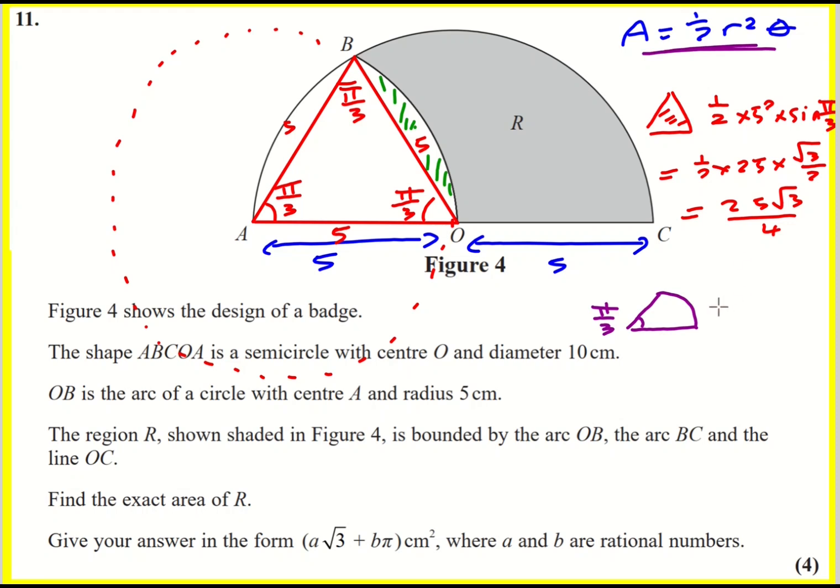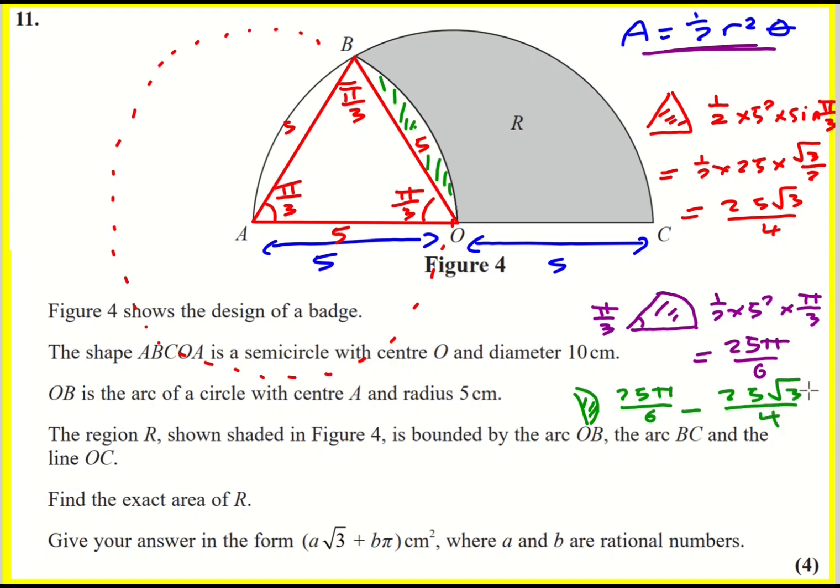So if I use this formula up here, then for the area I'm going to get a half times 5 squared times pi over 3, which is going to become 25 pi over 6. Which means I can now find this little part here, because it's just going to be the area of the sector, 25 pi over 6, minus the equilateral triangle, 25 root 3 over 4. To get to there then, brilliant.